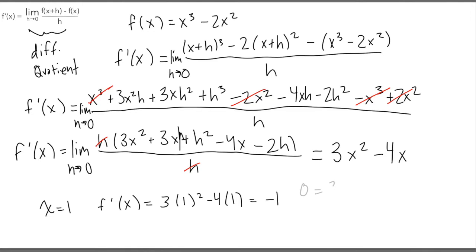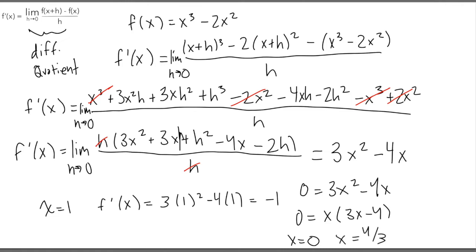We would say 0 equals 3x squared minus 4x. This factors as x times 3x minus 4. So we know that there are zeros for this equation at 0 and 4/3. At these two points, we then know that we have horizontal tangent lines on the graph.